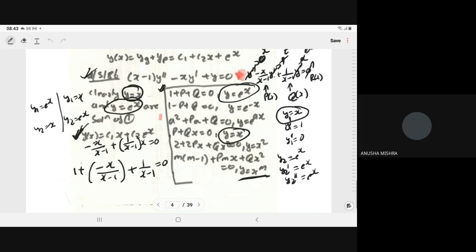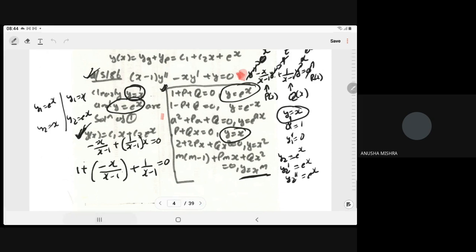If we have 1 plus p plus q is equal to 0, then y is equal to e to power x will be the solution. 1 minus p plus q is equal to 0, then y is equal to e to power minus x is the solution. a square plus p a plus q is equal to 0, then y is equal to e to power ax will be the solution. p plus qx is equal to 0, y is equal to x is the solution. 2 plus 2px plus qx square is equal to 0, y is equal to x square is the solution. m into m minus 1 plus pmx plus qx square is equal to 0, then y is equal to x to power m is the solution.